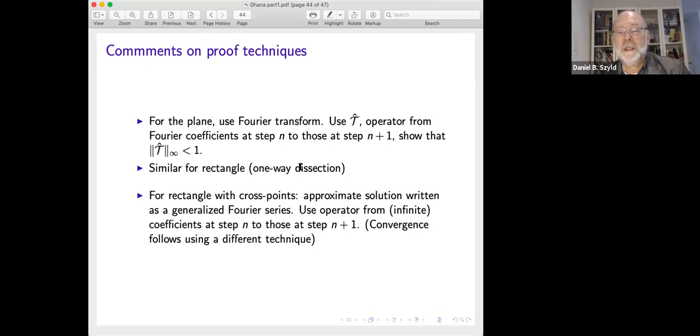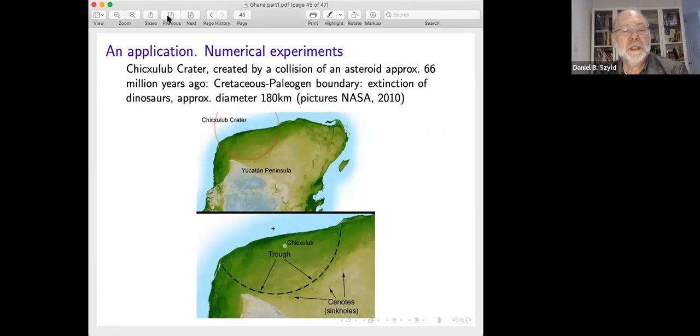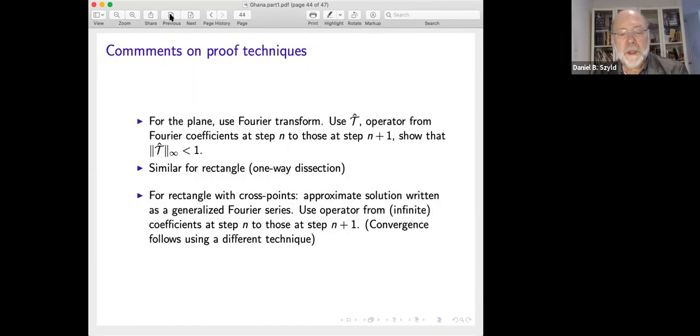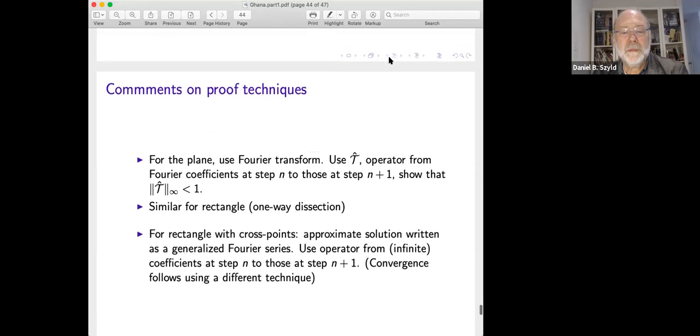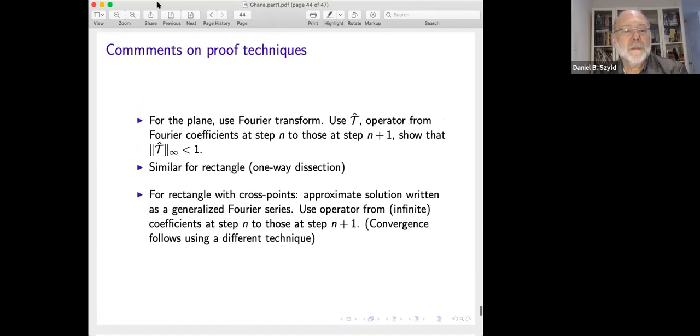We have to show that these map certain spaces or sets in the product space that are shrinking. Anyway, we're able to prove all this. So we have the proofs. So I'm going to next show you some experiments, just to show you some ideas of how it works.